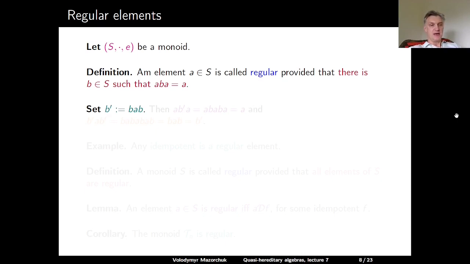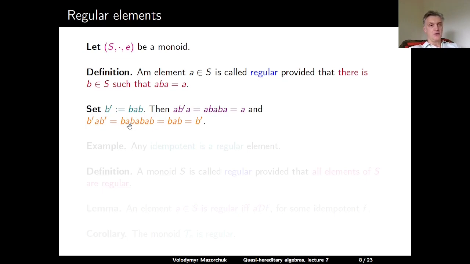Let us set B prime to be the element BAB. Then, assuming that ABA is equal to A, AB'A is equal to ABABA, which is equal to A because ABA is A. And also B'AB' is equal to BAB times A times BAB.